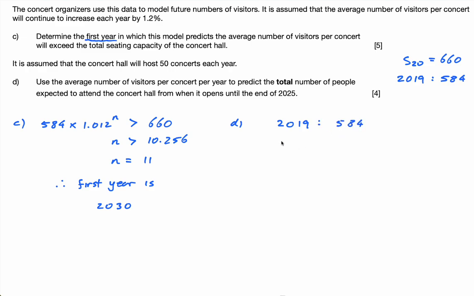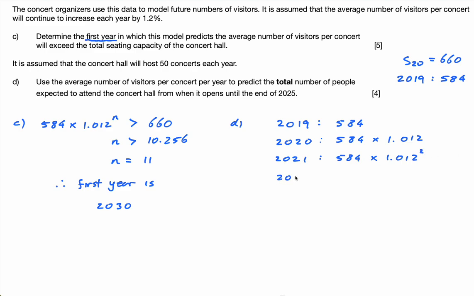The average number of people in 2020 is 584 times 1.012. The average number of people in 2021 is 584 times 1.012 times 1.012 again, which is this squared.